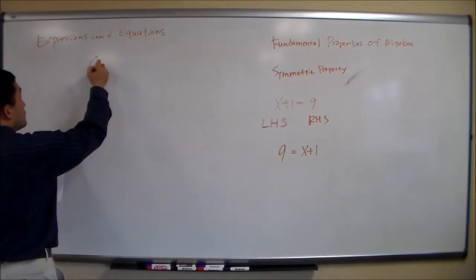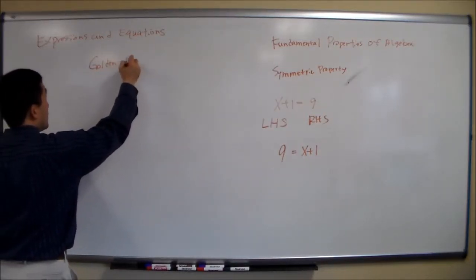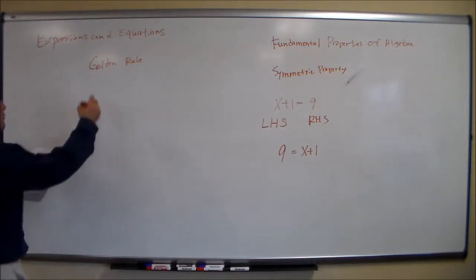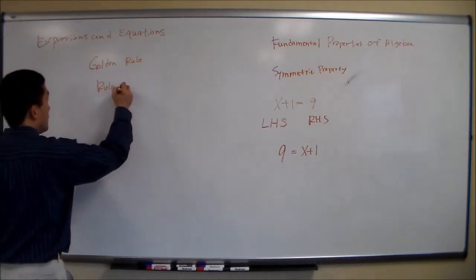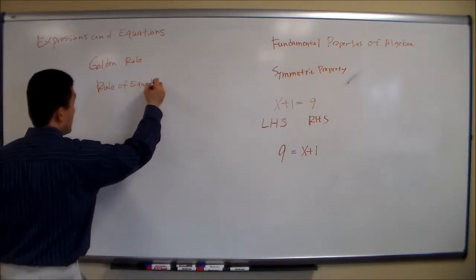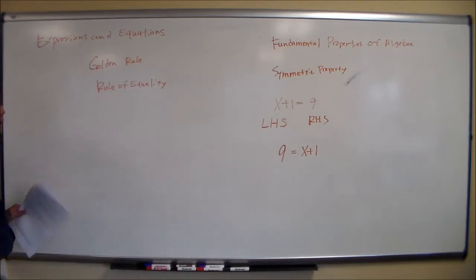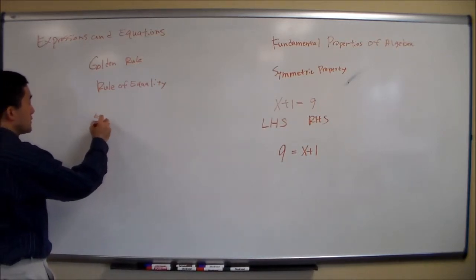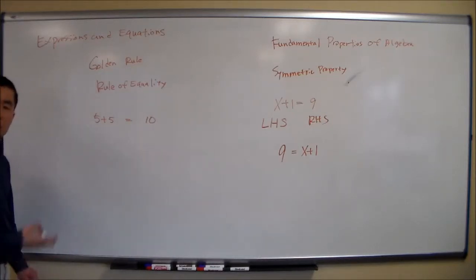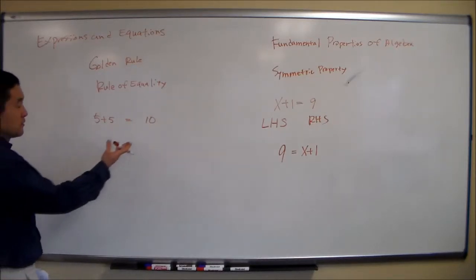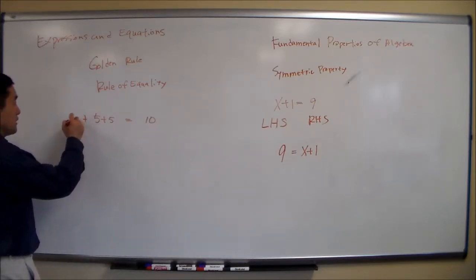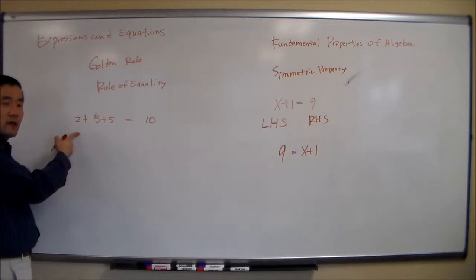So what's the golden rule in algebra? It is a rule of equality. Say I have 5 plus 5, which is the same as 10. Say you have two $5 bills, and that's equal to one $10 bill. Say I give you $2 extra on the left-hand side.